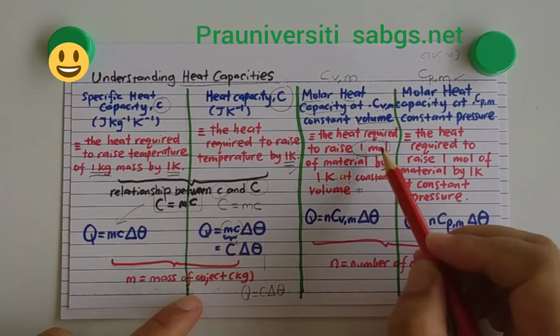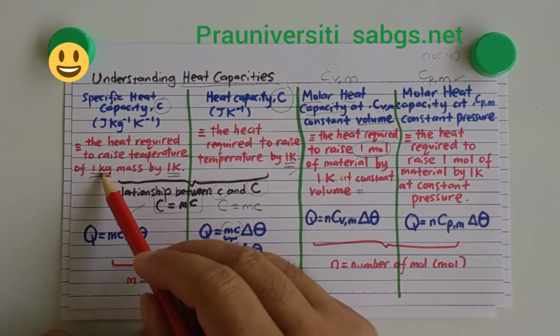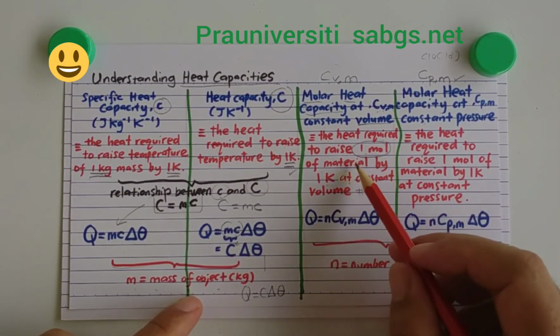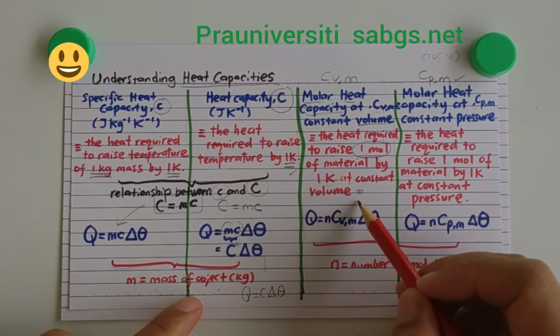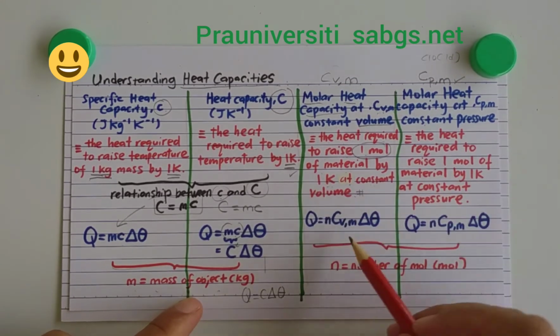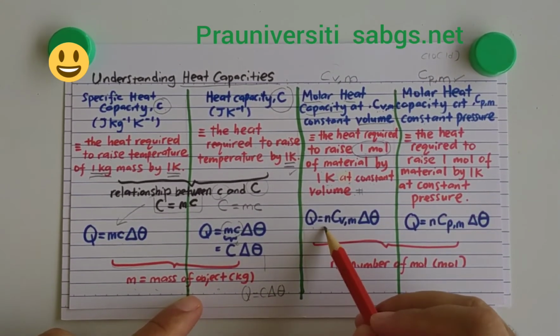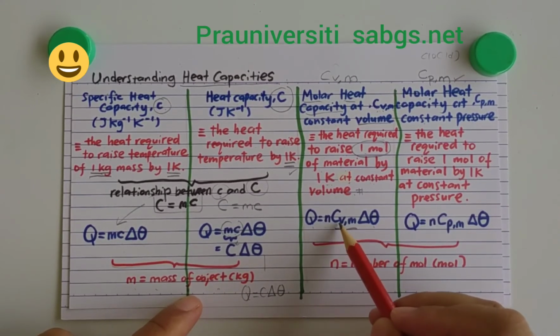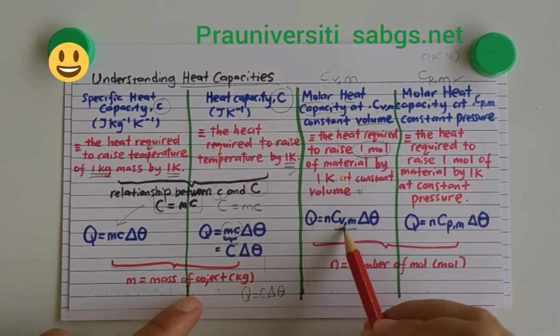The previous one refers to 1 kg, but in this case we are referring to 1 mole of material. So we can write Q equals n CVM d theta. So here is the molar heat capacity at constant volume.